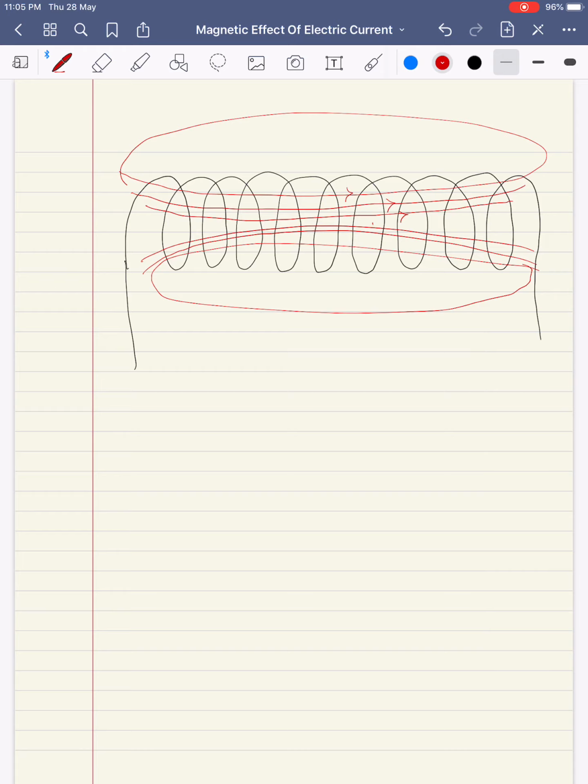Okay, so if you check over here, more is the density of the coil, more is the density of magnetic field within the coil. So that's why, whenever we consider an Amperian loop over here, we consider an Amperian loop in such a manner that it is partly within and partly outside the coil.